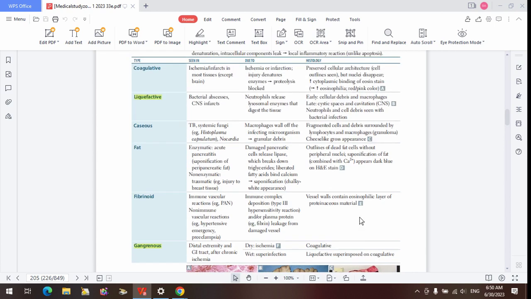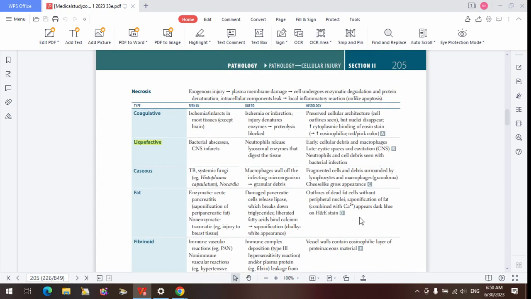Caseous necrosis is a kind of necrotic pattern that is seen in granulomatous lesions. And granulomatous lesions are typically found in, although not only confined to infection, but most of the time you see it in infection that is very chronic and difficult to degrade.